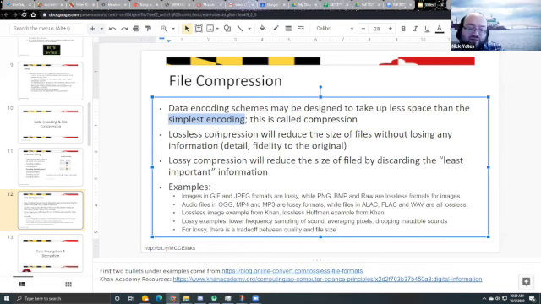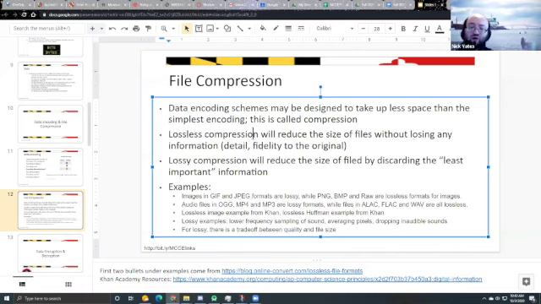And when you talk about compression, there are 2 types of compression. There's lossless compression and lossy compression. Lossless will reduce the size of files without losing any information, which is sort of amazing to think about. How can you make the size smaller without losing the information? And there are some really ingenious ways to do that, to think about, well, if all of the pixels on this part of the picture are all red, I don't really need to encode the red, green, and blue values for all of them.